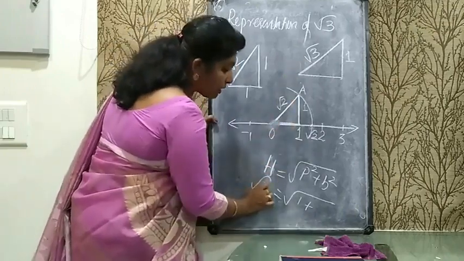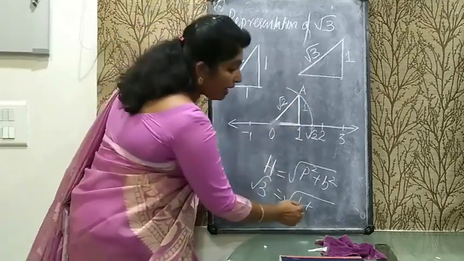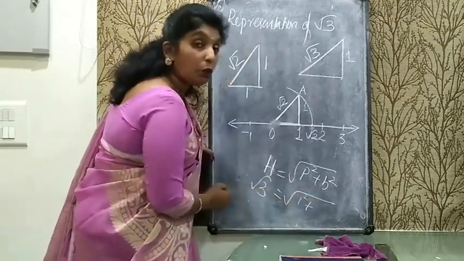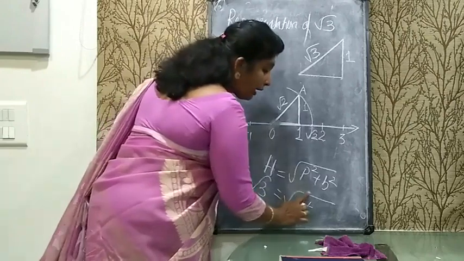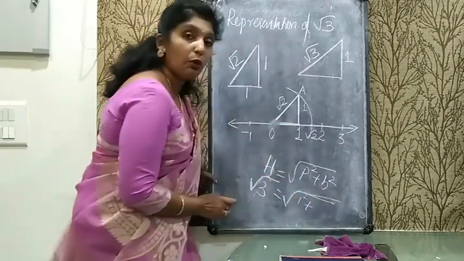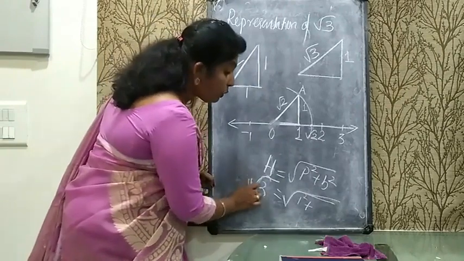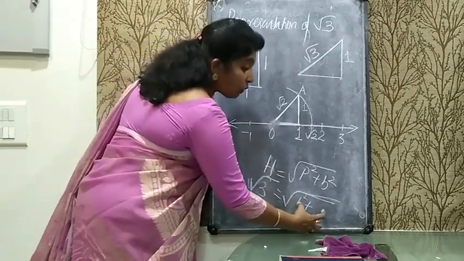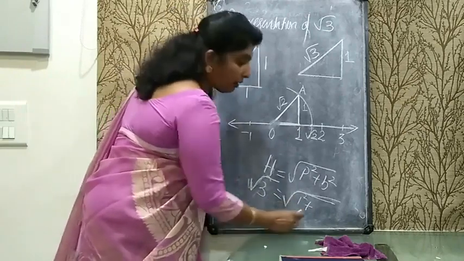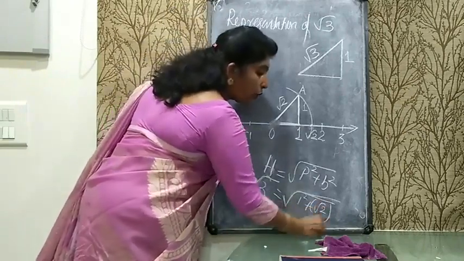Hypotenuse you got as root 3. It means by adding the square of two numbers we should get under the root 3. How is it possible? Don't be confused. Only you need to check that while adding the square of two numbers we should get 3. Then which number should I write here? I will be writing root 2.